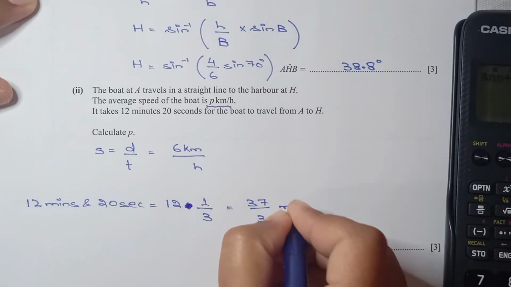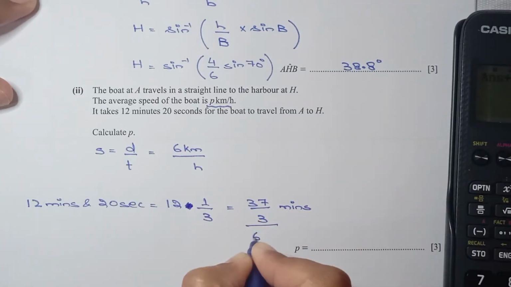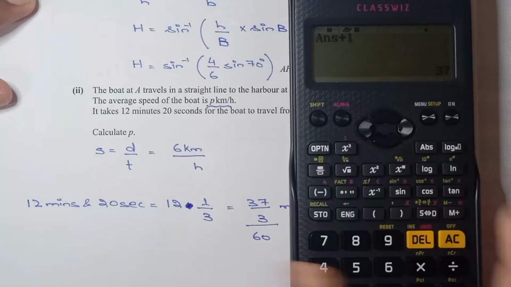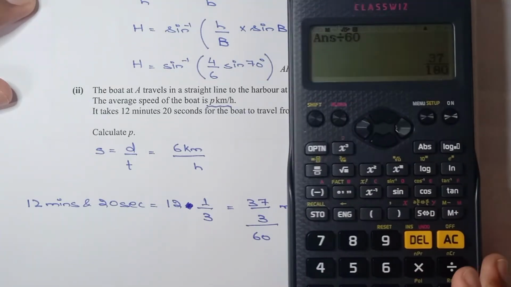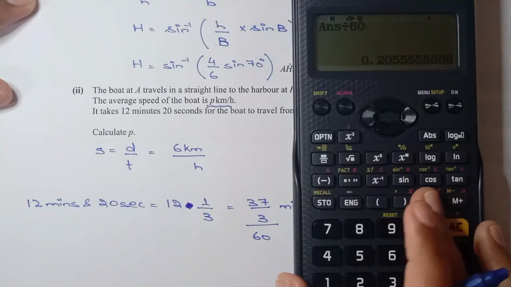Now we need to convert these minutes into hours by dividing by 60. So we have 37 divided by 3, and then dividing by 60, we have 37 over 180.